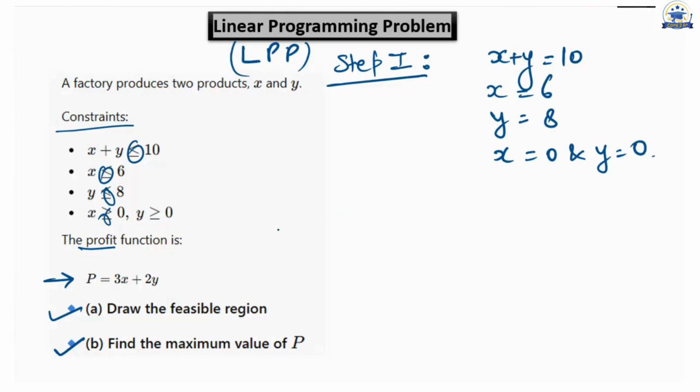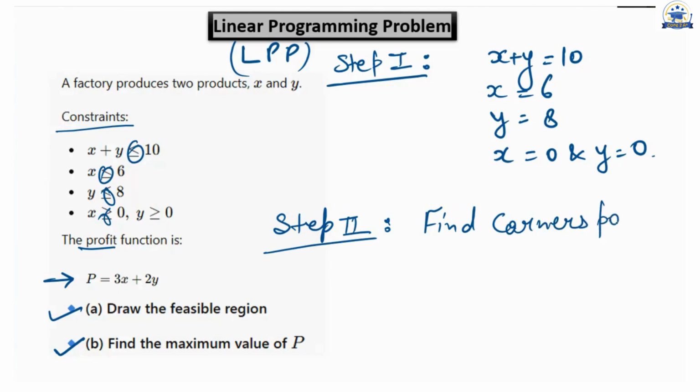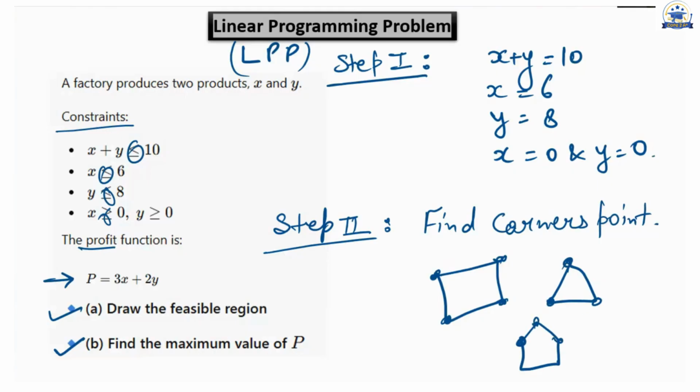And now, in the second step, we have to find the corner points. Corner points means you have to draw a bounded surface. So it must have corners. In a quadrilateral there are 4 points. In a triangle there would be 3 corners. In a pentagon there would be 5 corners.